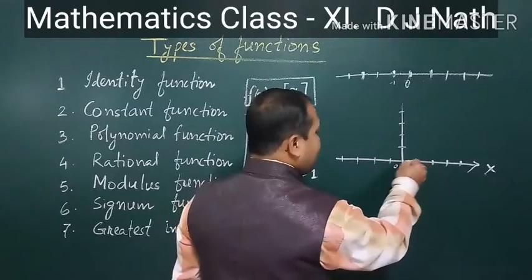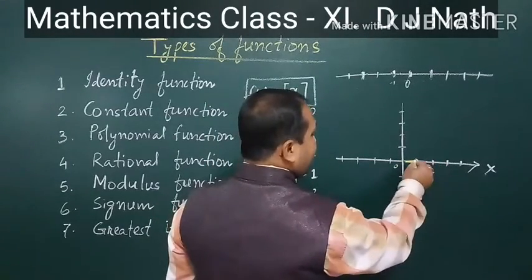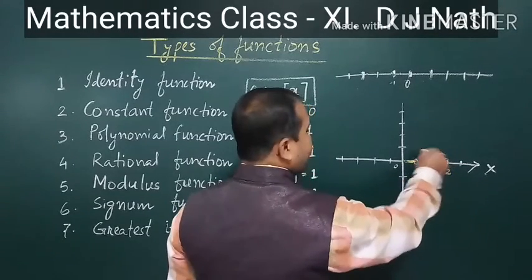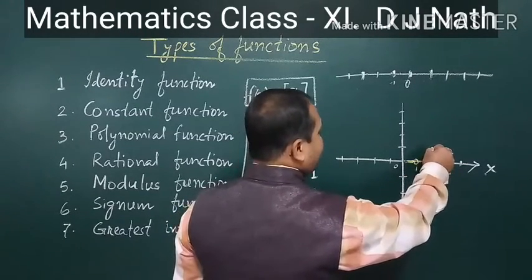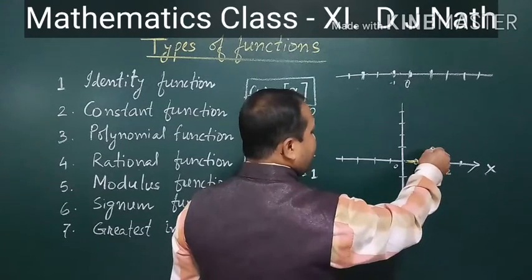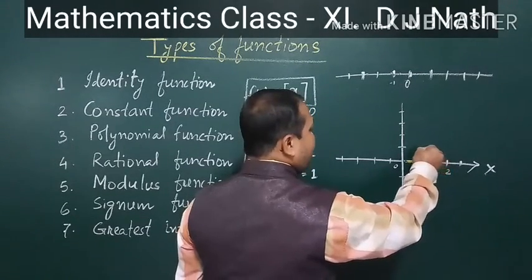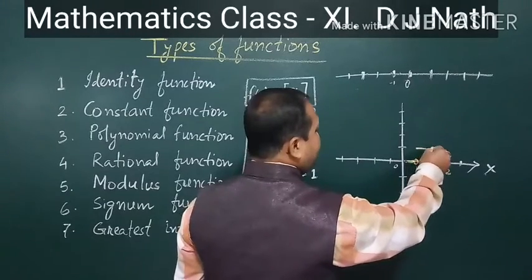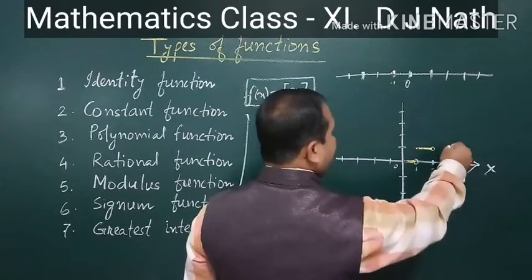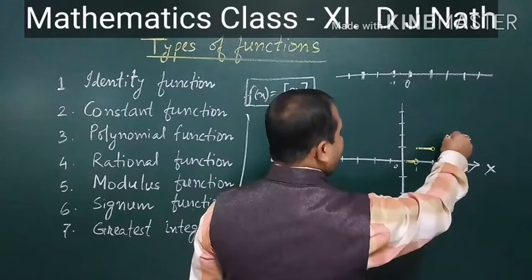If it is less than 2 and more than 1, it will be 1, like that. If it is less than 3, it will be 2.